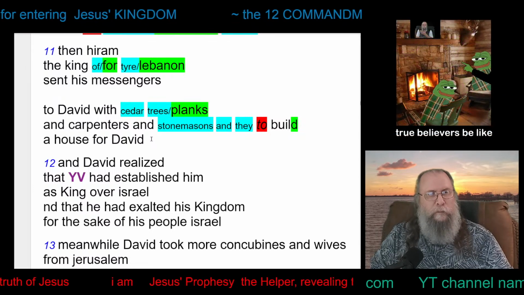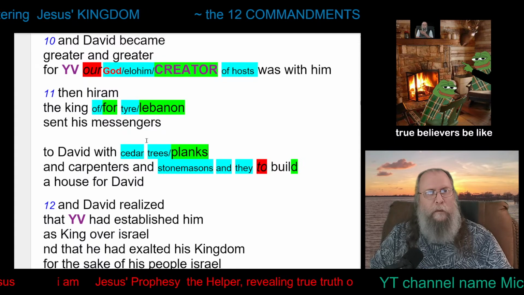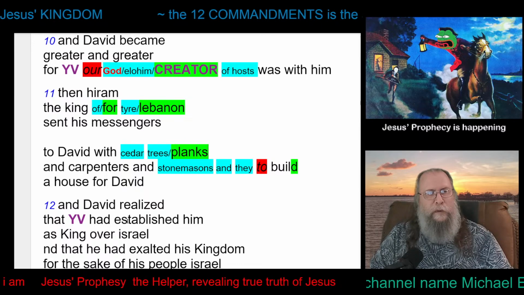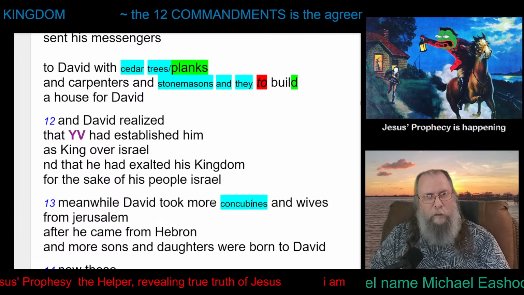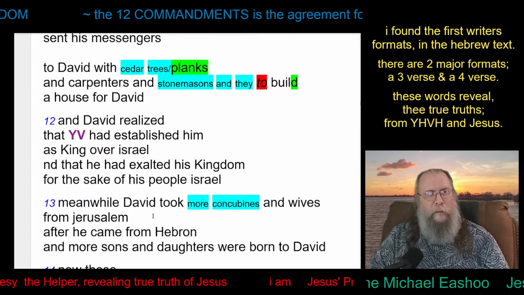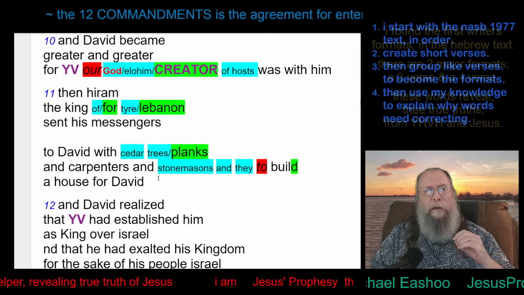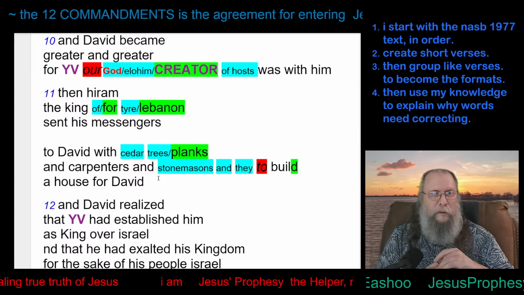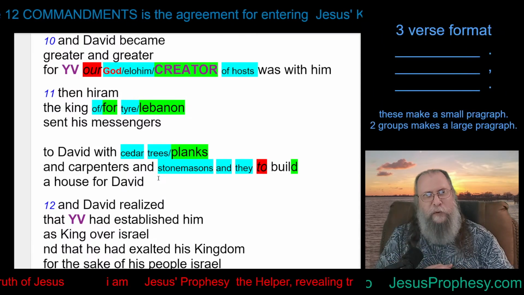Okay. David realized, so now this house that's being built was actually in Shiloh. So David has to be in Shiloh, because I've done a similar story like this.